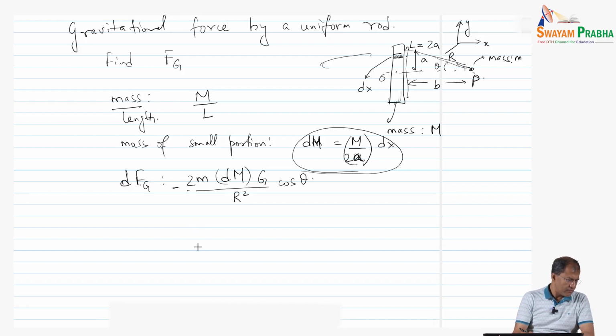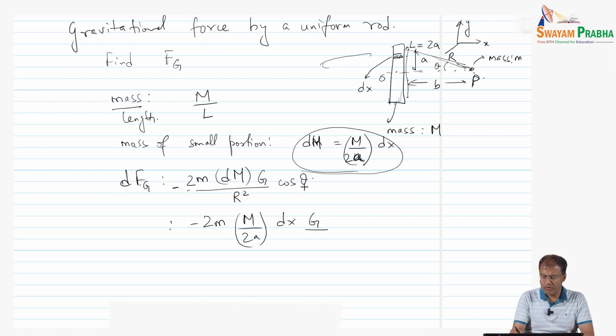Okay, so now let me just plug in all these values. So for small dm, we have minus 2 times small m times capital M by 2a times dx times g divided by r squared, times cos theta.